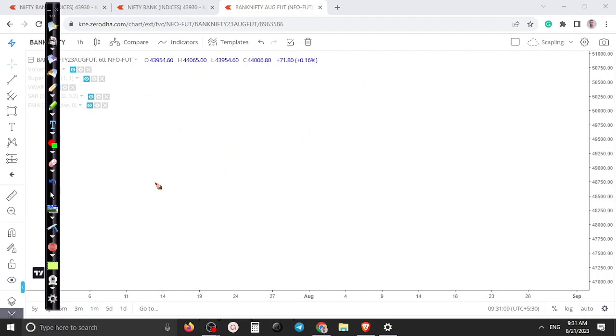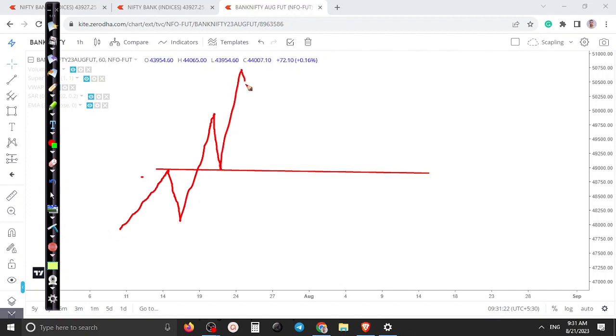Let's say here is a supporting line. Previously the market was rejecting from this area: price goes up, pulls back, goes up again. Now price is dropping here, like that. Now we observe how price is forming.